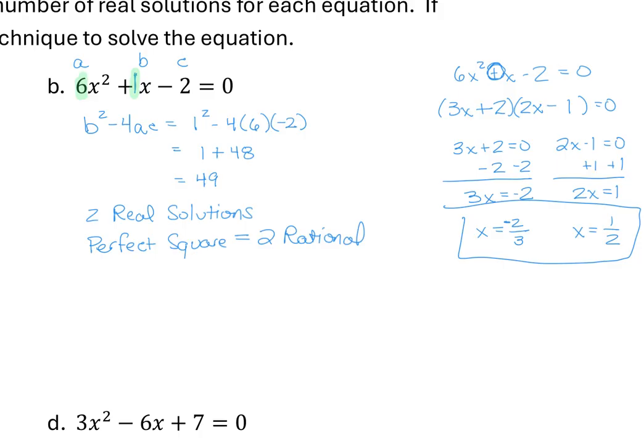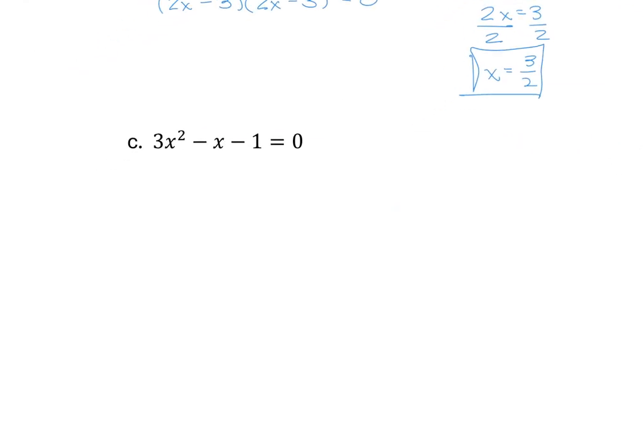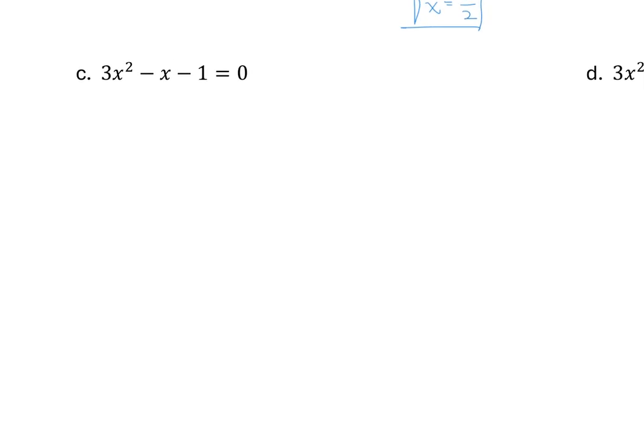Okay, let's go ahead and come down to example C. All right, discriminant. We have A is 3, B is -1, and C is -1.